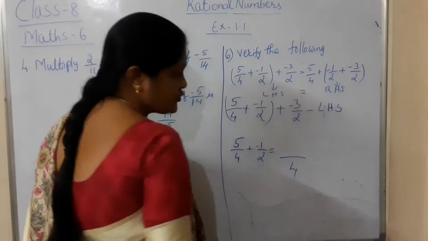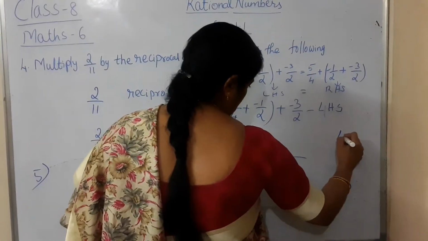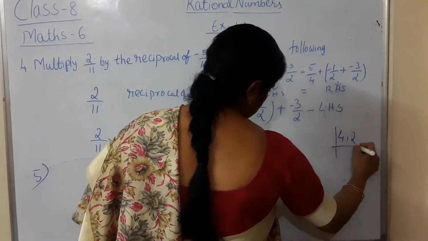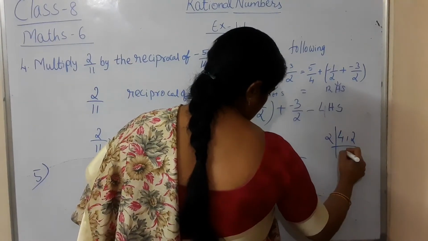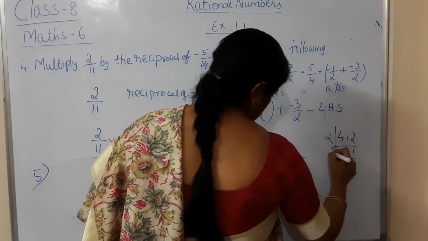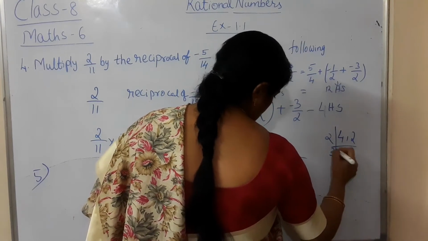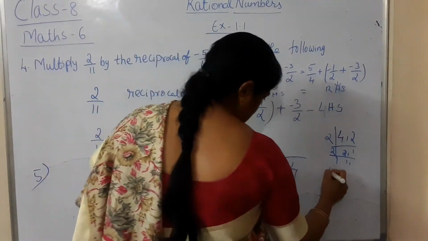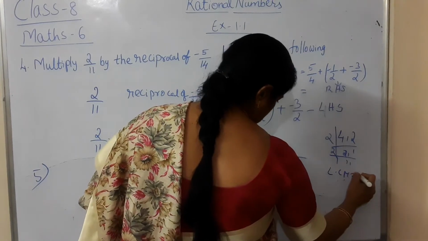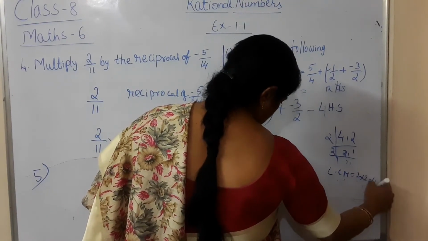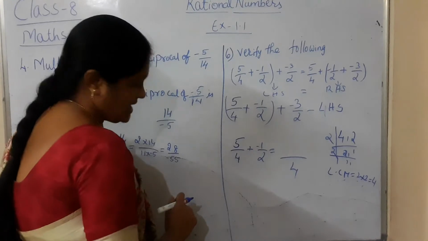You will get 4 as an LCM. You can check it out. 4 comma 2, 2 2s are 4, 2 1s are 2, 2 1s are 2, 1 1. So 2 2s are 4 is our LCM. Least common multiple is 2 into 2, which is nothing but 4. So 4 is our LCM.